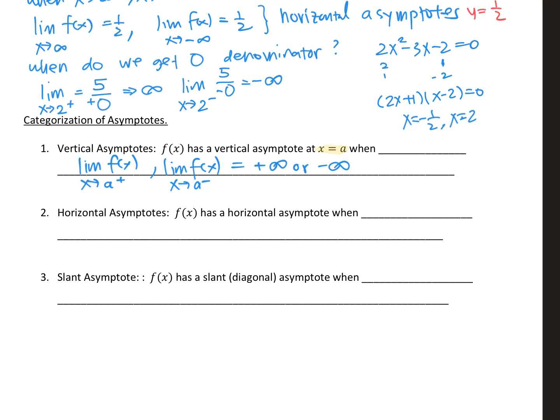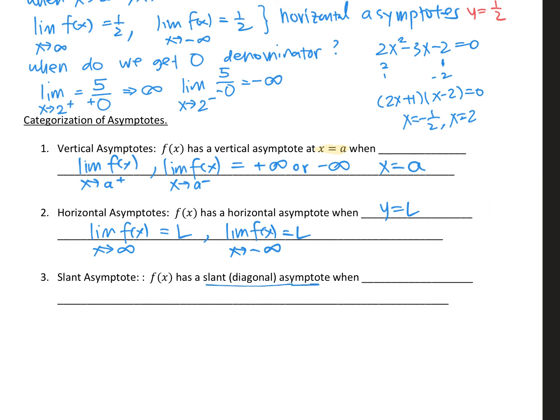If that happens, that's a vertical asymptote. For a horizontal asymptote, the limit of f of x as x goes to infinity is always a number, and the same as x goes to negative infinity is some number. Then I can say y equals L is a horizontal asymptote. So x equals a is a vertical line at a, and y equals L is a horizontal line at L.